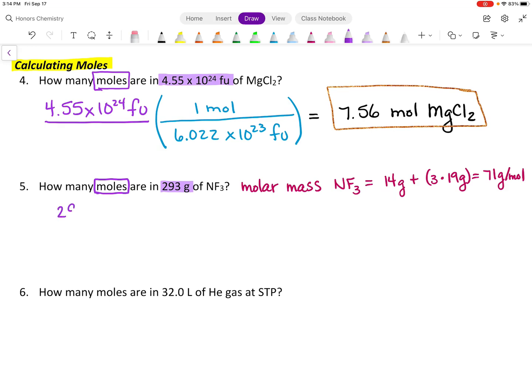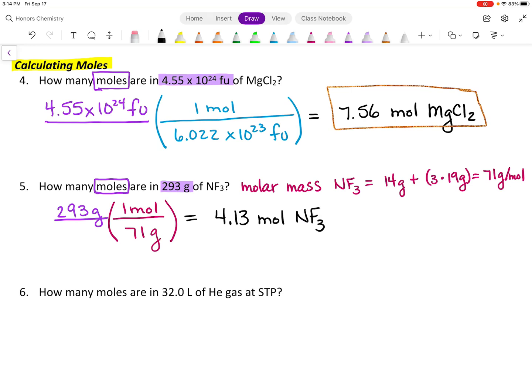Now we go ahead and write our number, 293 grams. We put in our conversion factor, 71 grams per 1 mole. We plug in our calculator, 293 divided by 71, and we get 4.13 moles of NF3.